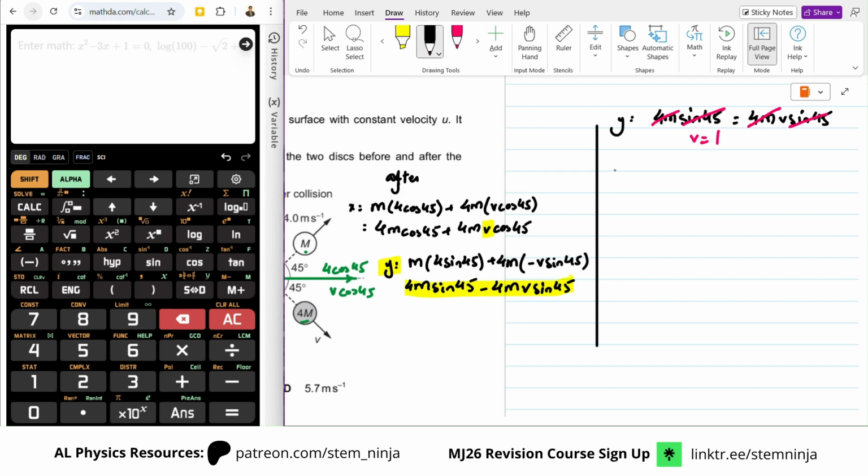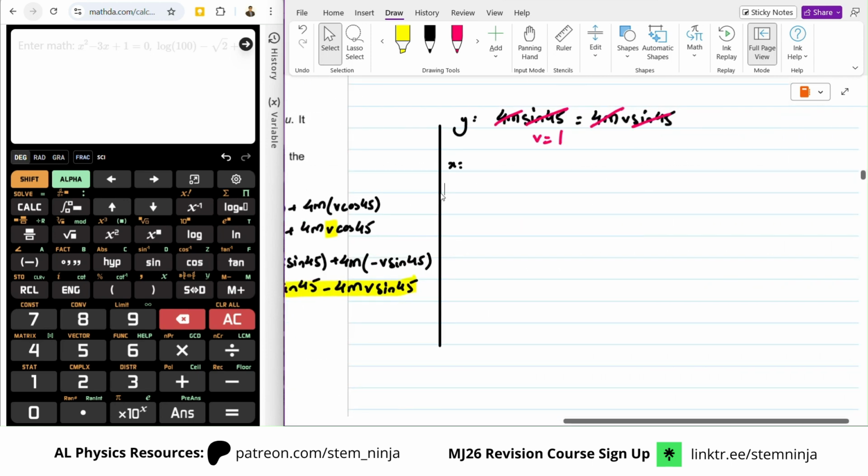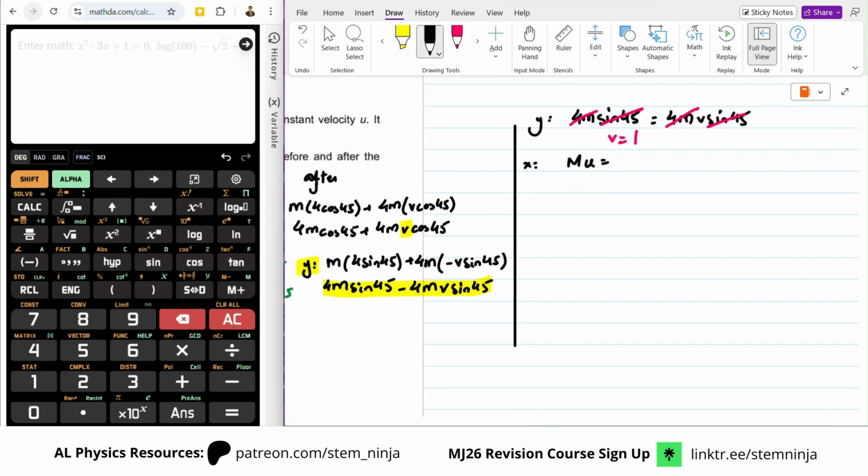Now if v is 1, we can apply v on this thing. So now, motion parallel to x, total momentum before is just mu. So mu equals 4m cos 45 plus 4. Now v is 1, so this is just going to be 4m cos 45 also. So m gets cancelled.